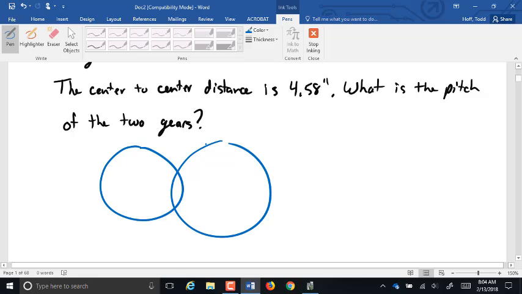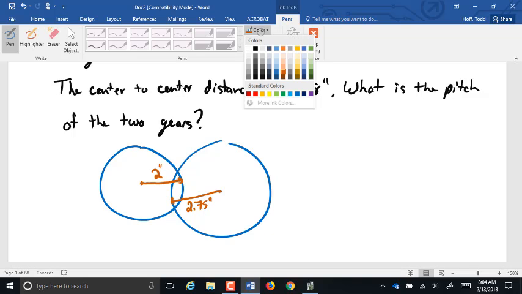Outside diameters, of course, mean the circles overlap, right? A diameter of 4 means we have a radius of 2. A diameter of 5.5 means we have a radius of 2.75.